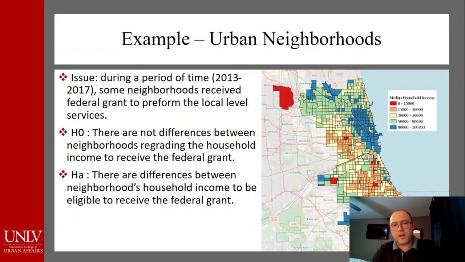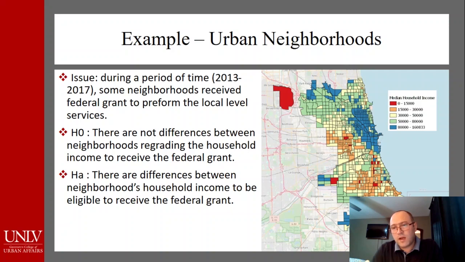During a period of time, some neighborhoods receive a federal grant, but the main question here is: are there differences based on the median household income in neighborhoods to be eligible to receive the federal grant?